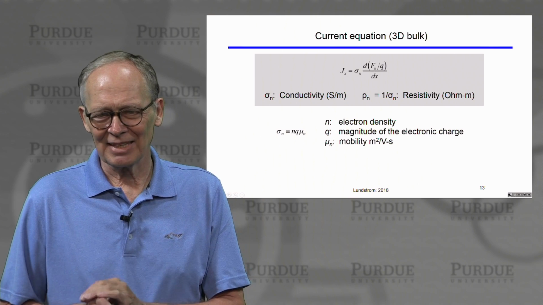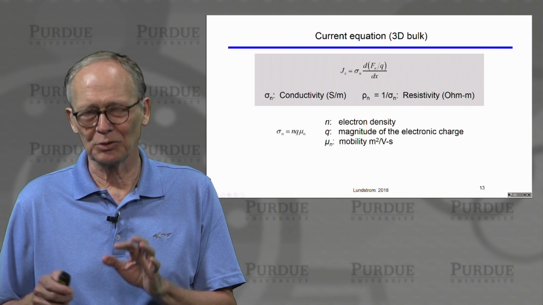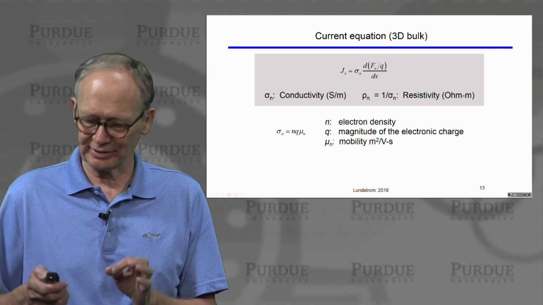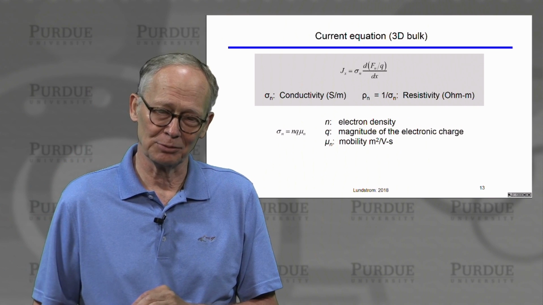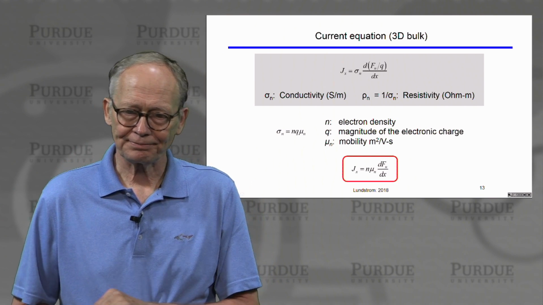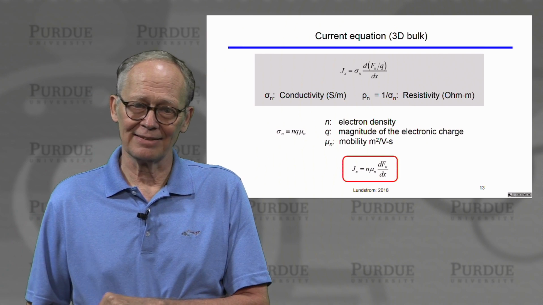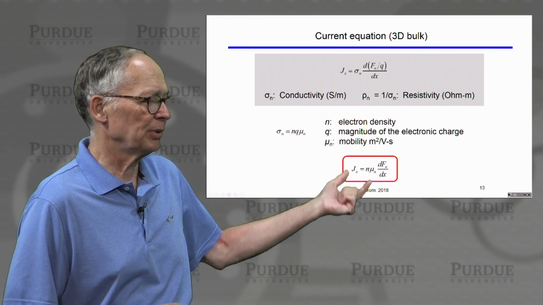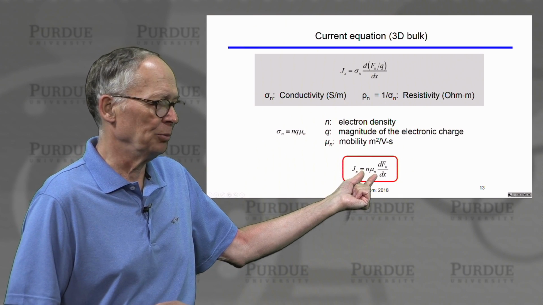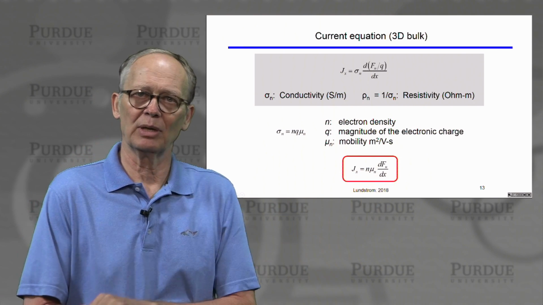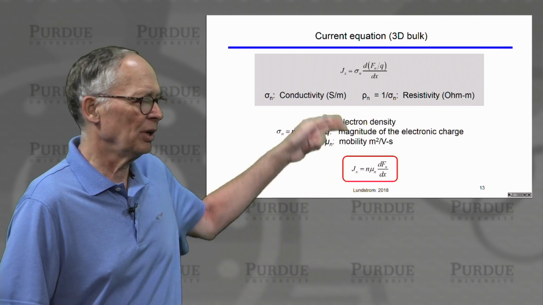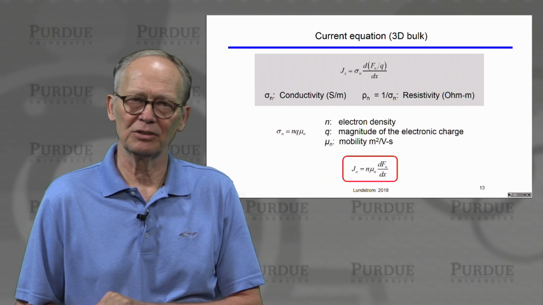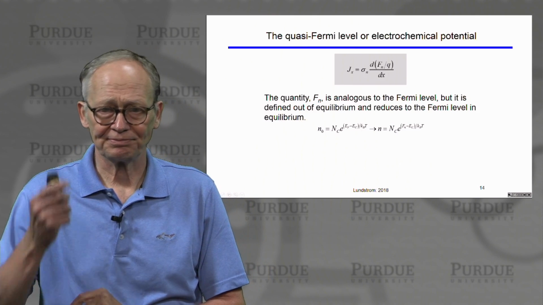And again, that's a proper SI unit. We will usually quote its numerical value in centimeters squared per volt second because that's the way semiconductor people like to do it. So when I use that definition for the conductivity, I can rewrite my current expression as N times mobility times gradient of the quasi-Fermi potential. So either approach is identical, and we could use either one.